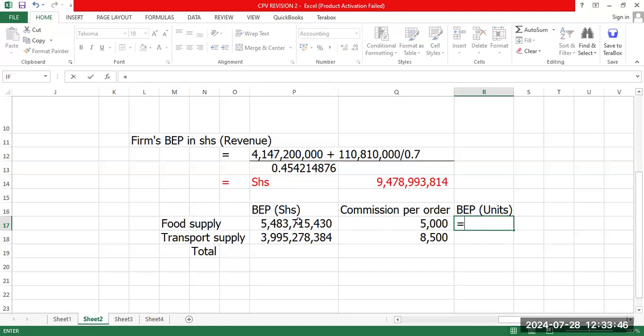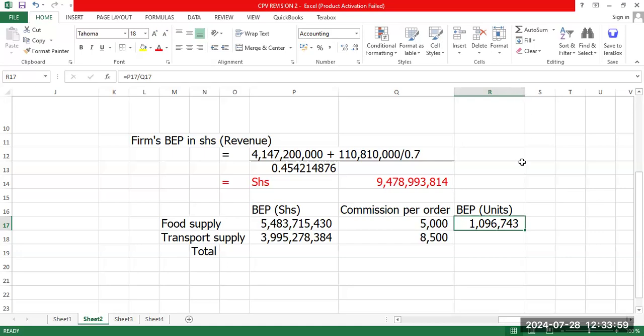Yes. Here you don't multiply. You just get this divided by commission per order. And since you're dealing with units, round off to the whole number. All these ones change to orders.